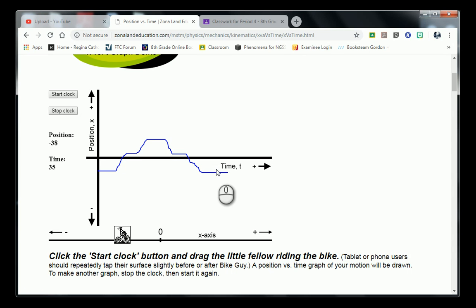We will be doing an actual project that involves this, but you guys are going to get the added advantage of being able to play around with this simulation before everyone else does.